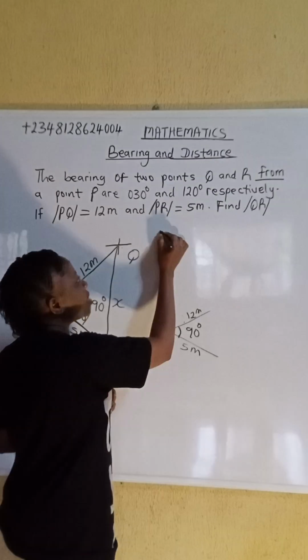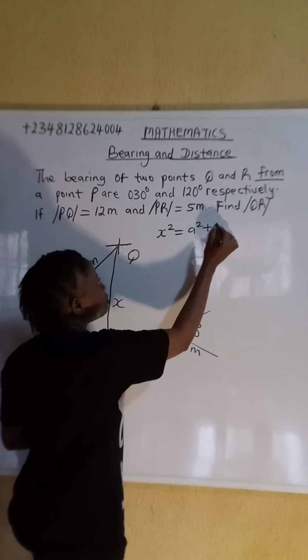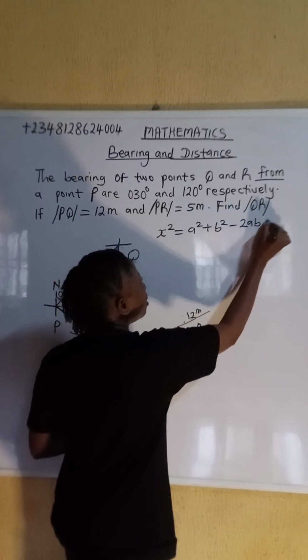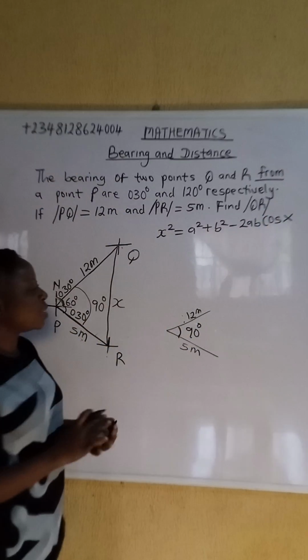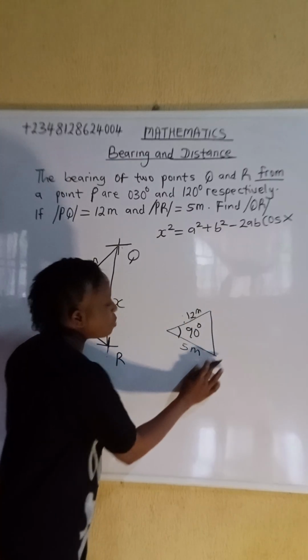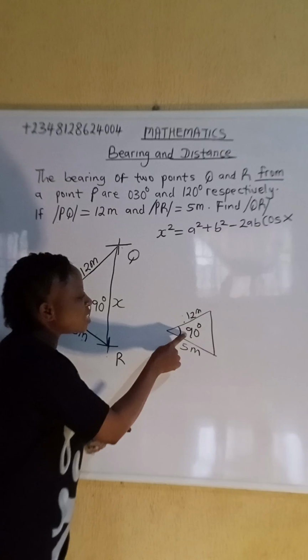Now, cosine rule states that x squared equal to a squared plus b squared minus 2ab cos x. That is cosine rule. Then you can also apply Pythagoras theorem, and I'm going to tell you the reason why. This angle is 90 degrees.